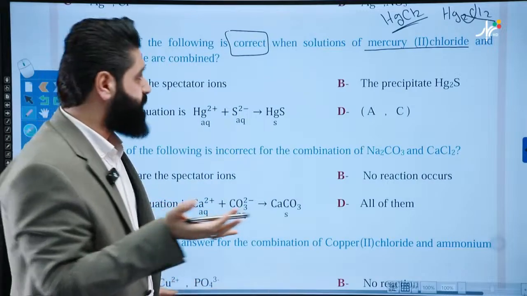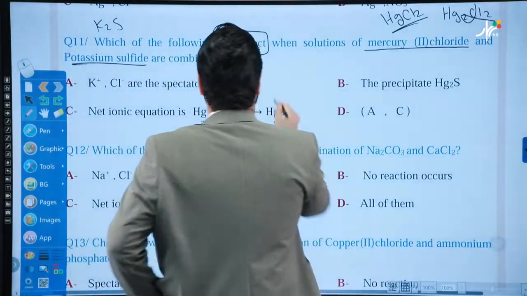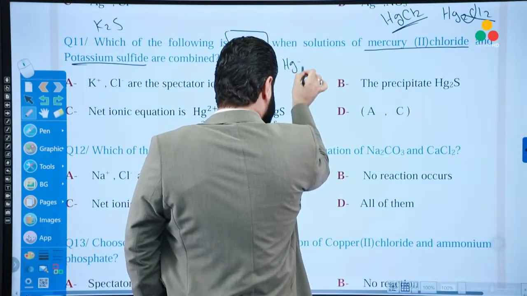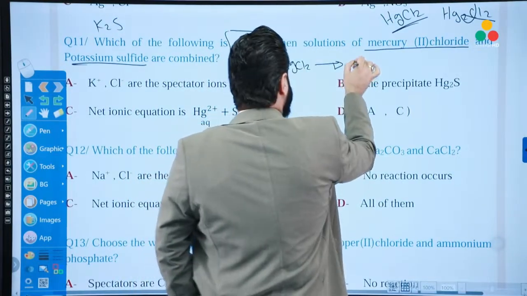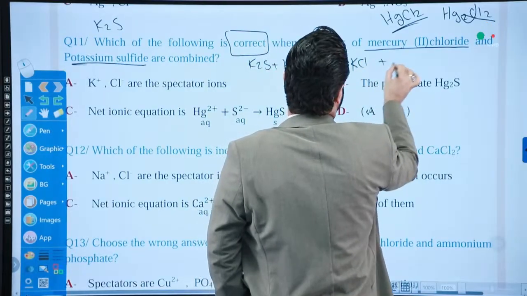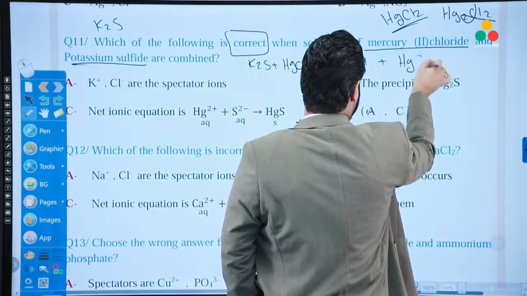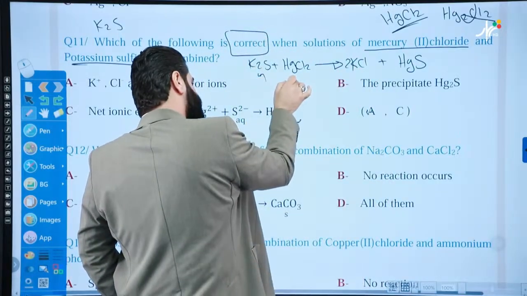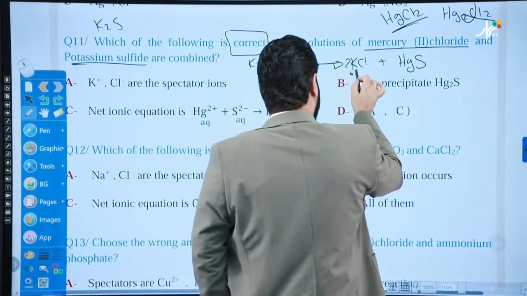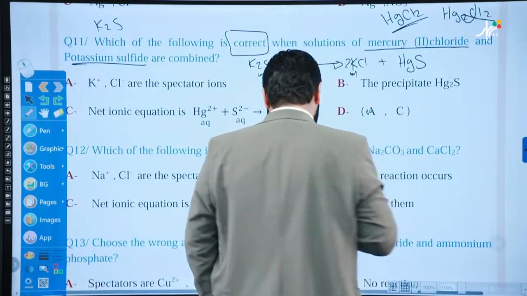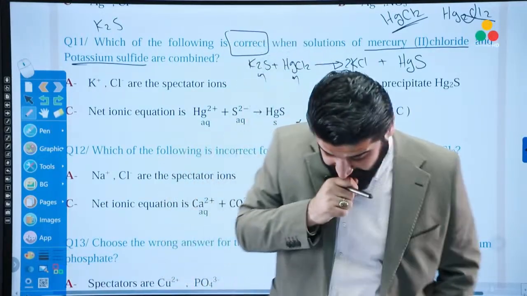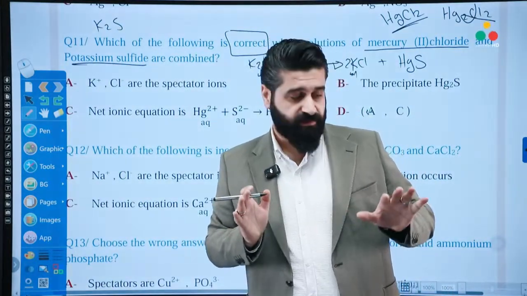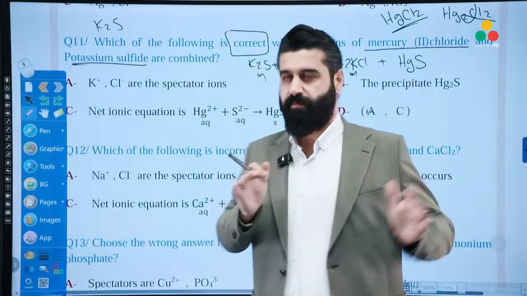Let's have the double displacement for the two compounds. K2S plus HgCl2 to form KCl plus HgS. Great. Now it's balanced. The physical states: KCl is a water-soluble compound, aqueous. HgS: according to the rules of solubility and precipitation, sulfides we predict according to the phrase of group 1A, group 2A, and ammonium, if you remember.